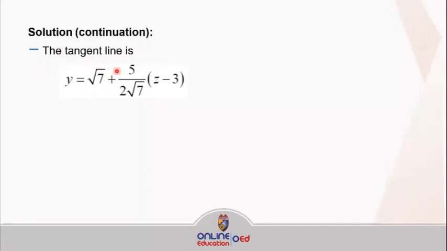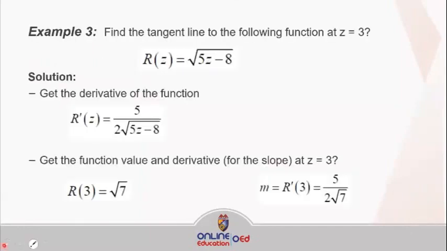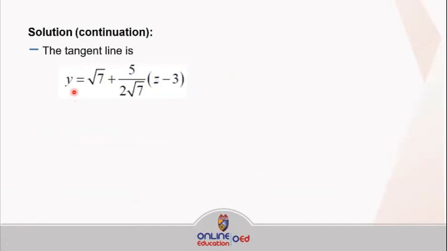And itong m natin, balikan nga natin. So, yung value nito, yung m natin, and yung value ng r natin, gagamitin na natin for this formula. So, we have yung y is equal to the square root of 7 plus 5 over 2 square root of 7 times yung z minus 3. Since ang given natin yung 3 is yung x natin. Ayan. So, ito na yung last discussion natin.